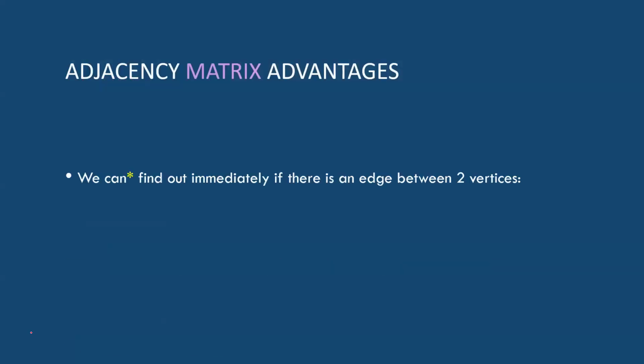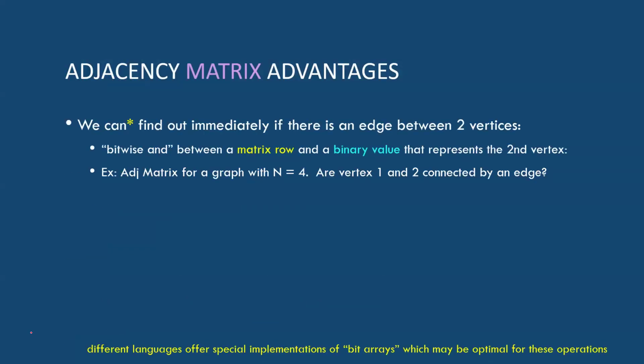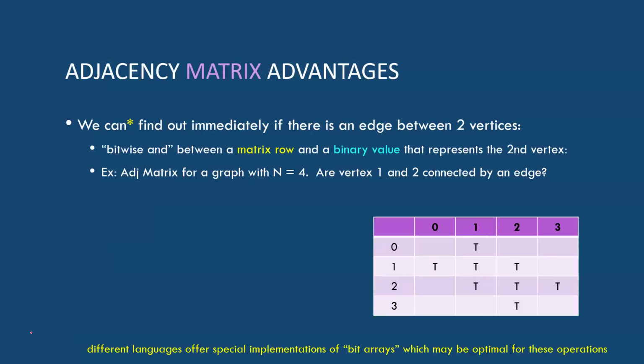So for example, and I won't dig into this too deeply because it's not a core of our class, if I were to take a representation of vertex 1's matrix adjacencies, and then a binary representation of the fact that I'm interested in the 0 relationship, I can do a binary AND between this and this.